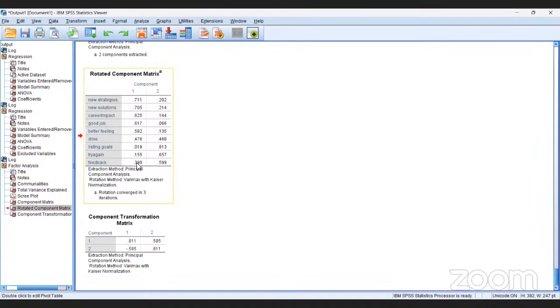Here it is feedback 0.390, but it is 0.599. That means these three, they are accounting maximum variances of second factor, and other 6 variables, they are accounting maximum variances of the first factor. Okay.